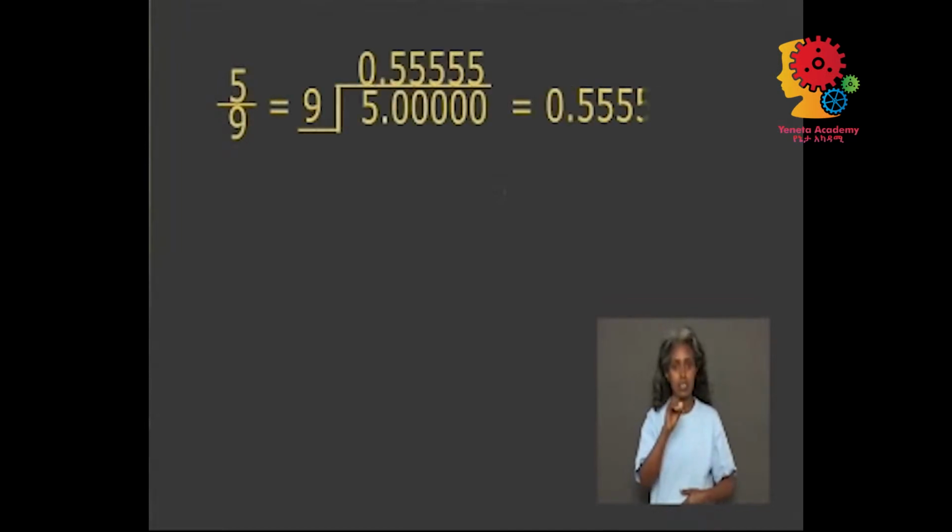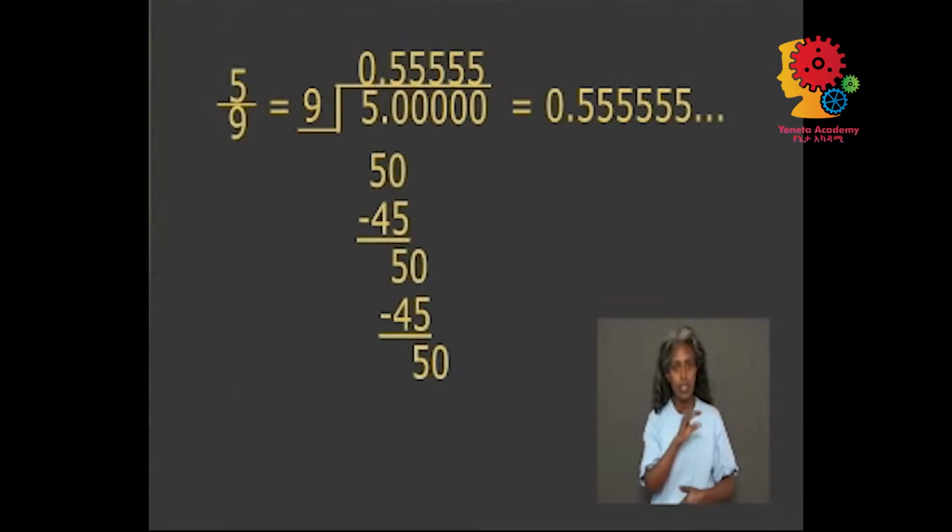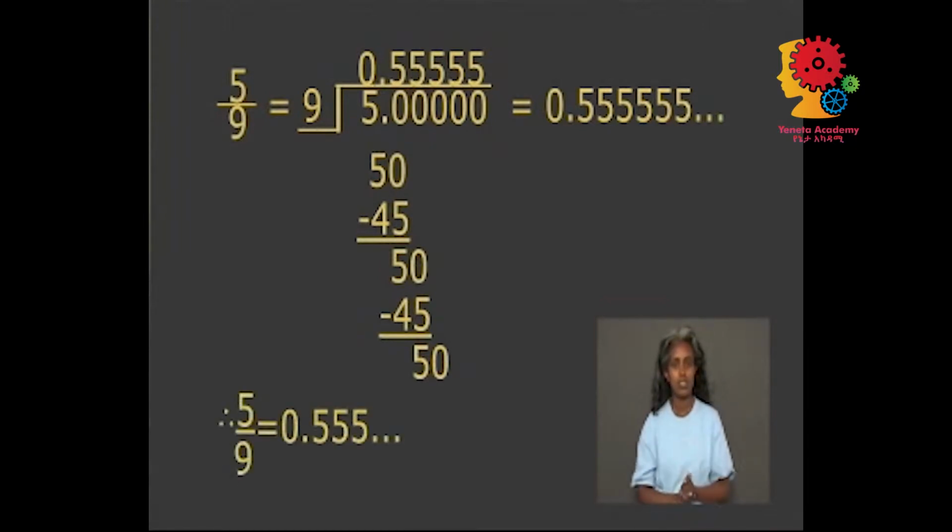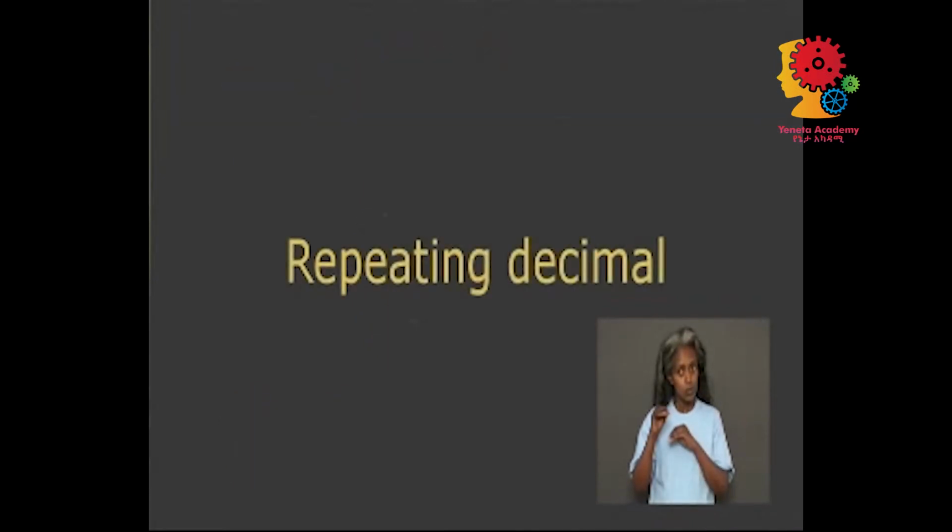But the fraction 5/9 is expressed as 0.5555, and it keeps going. This is because 9 goes into 50 5 times with a remainder of 5. Students, this is an example of a repeating decimal.